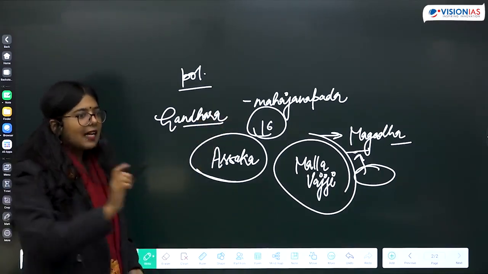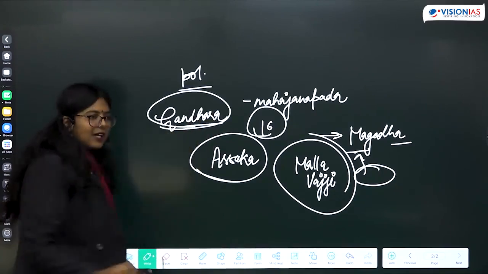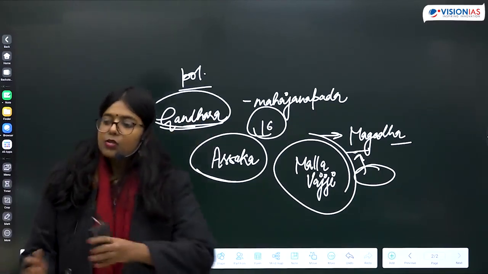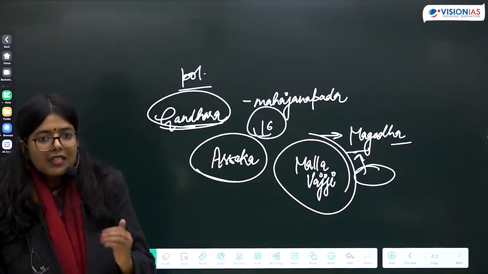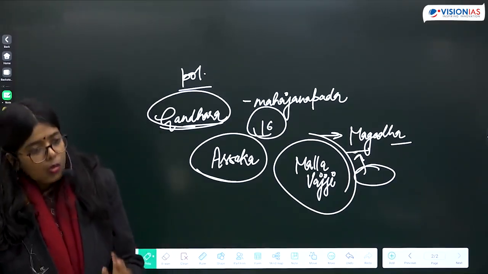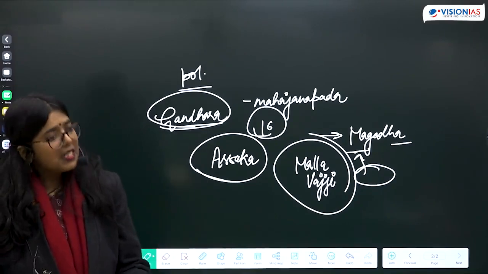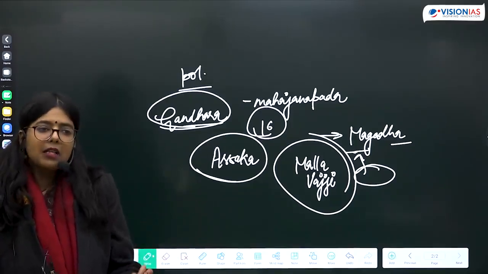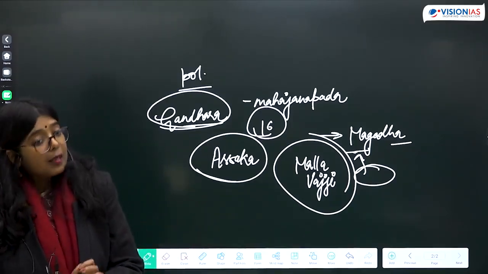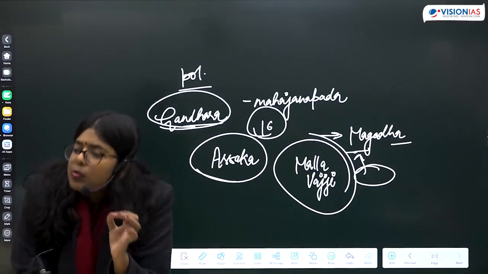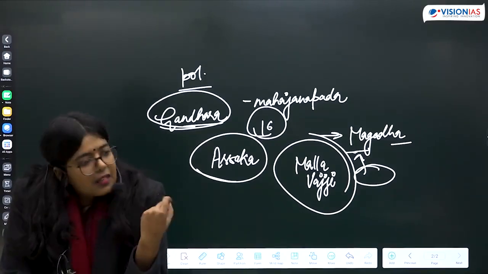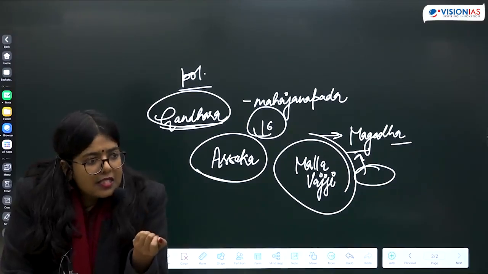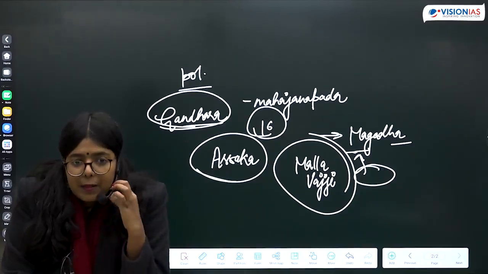This is again a unique fact that we should remember, because this is going to help us solve the questions which UPSC is asking. Gandhar Mahajanapad was culturally very important when it comes to spreading education. Takshashila University, this you can remember.